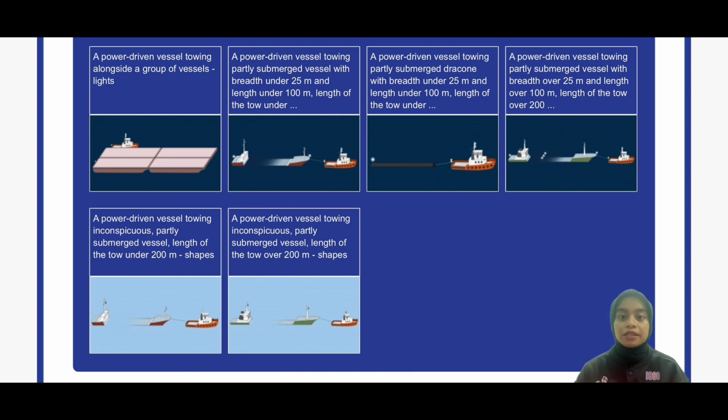Where from any sufficient cause it is impracticable for a vessel or object being towed to exhibit the lights or shapes prescribed in paragraph E or G of this rule, all possible measures shall be taken to light the vessel or object towed, or at least to indicate the presence of such vessel or object.